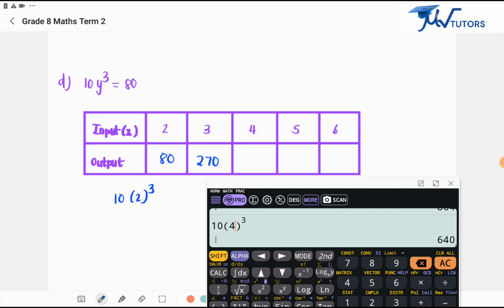So we have 640 if we put 4. 5 cubed is 125, so times 10 is 1,250. What about 6? 6 cubed is 216, and 216 times 10 is 2,160.